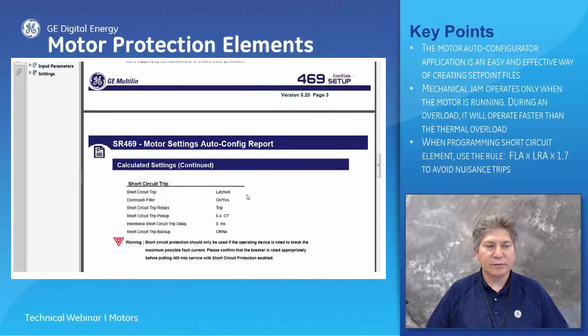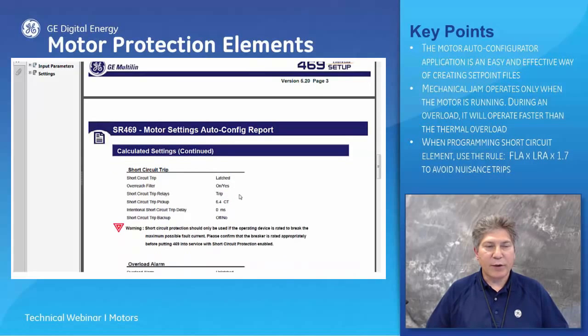Short circuit. Once again, this was based on our full load amps times locked rotor amps times 1.7. So in our example here, we were looking at 413 times 5.5 times 1.7, and then dividing it by 600 gives us this value here, 6.4 times CT.